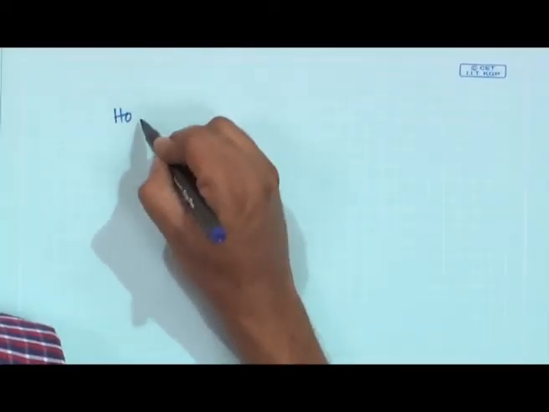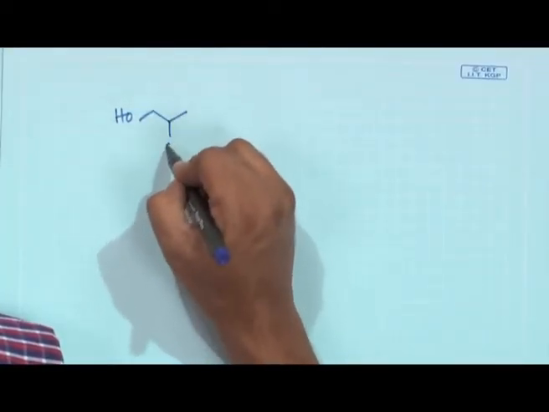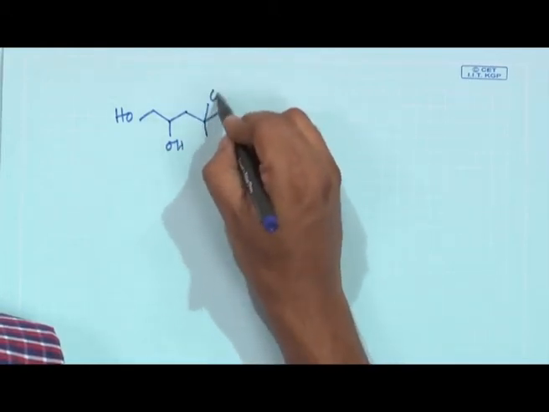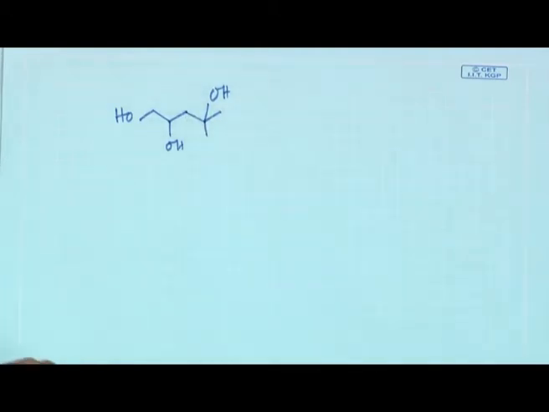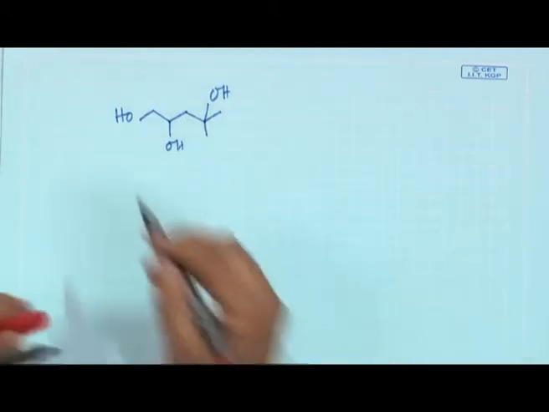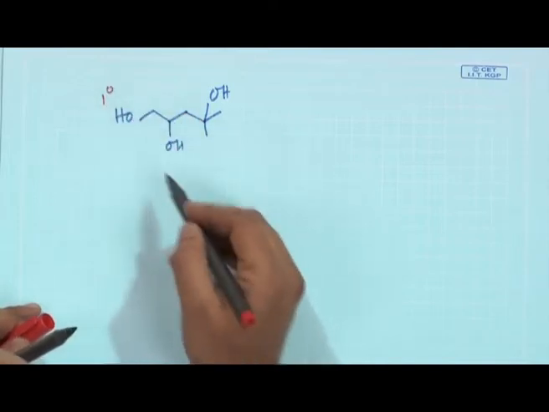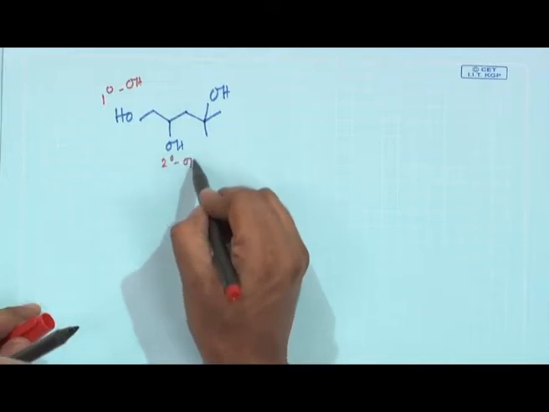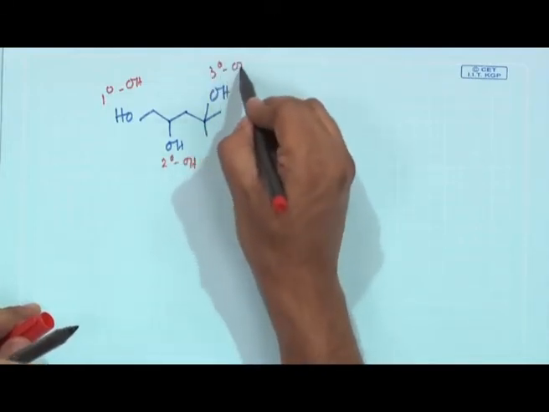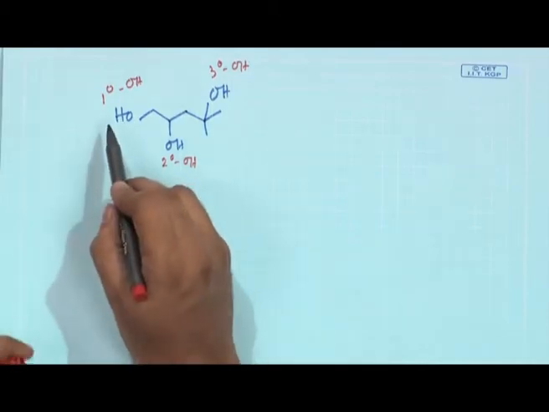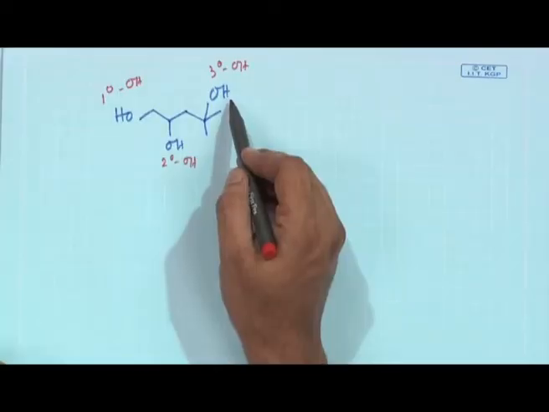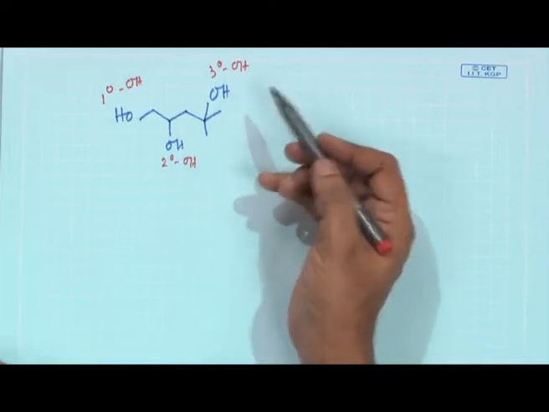Let us say I give you a compound. Now if you see, this compound is having 3 active functional groups: this is a 1 degree OH, this is a 2 degree OH and this is a 3 degree OH. Now, 1 degree alcohols are sterically less crowded, 2 degree a little bit sterically crowded, but not like 3 degree, and 3 degree alcohols are sterically highly crowded.